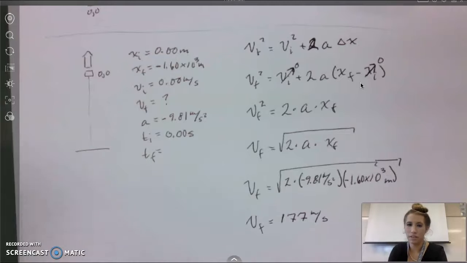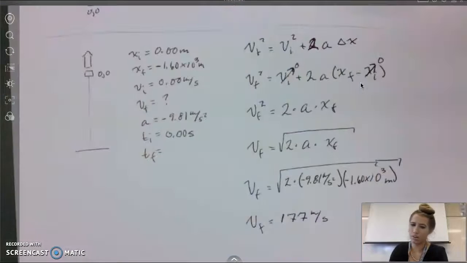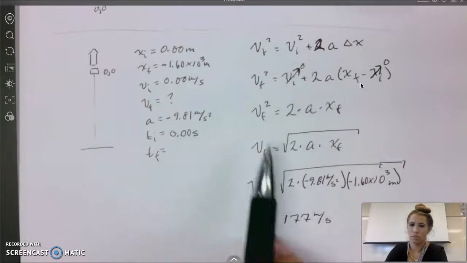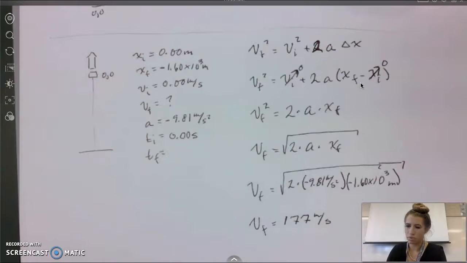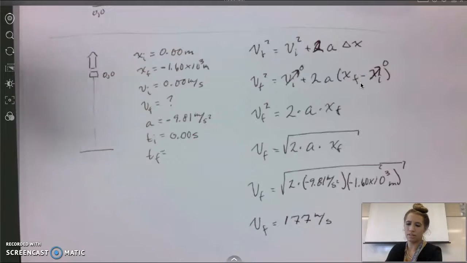Now, this is how fast it's hitting the ground, and we've established that this is the negative direction. Because this equation has squares, and we have to take square roots often, sometimes we lose that negative. So it's important to look at your image and say, it's hitting the ground with this velocity, but also that's in the negative direction.